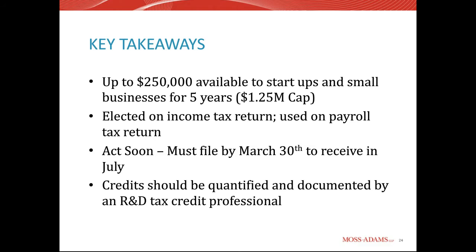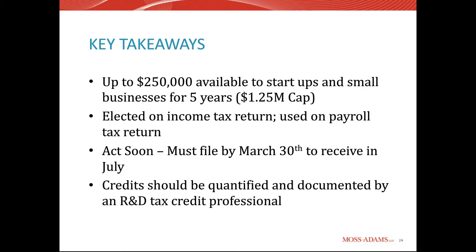So what are some of the key takeaways here with the payroll tax offsets? Number one, if you qualify, you can claim up to $250,000 a year for up to 5 years, which caps out at $1.25 million. Number two, this is something that you need to elect on your federal income tax return, and then this is something that you can use when you file your quarterly payroll tax return.